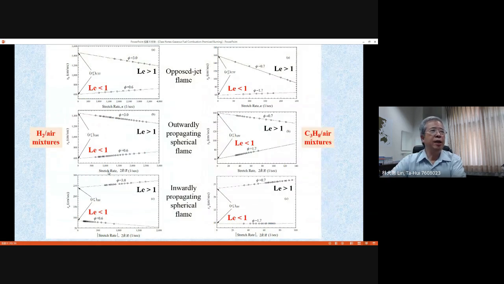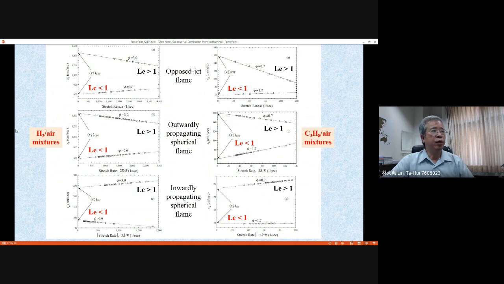For these 3 cases, we can discuss together. On the left-hand side, this is for hydrogen air mixtures. The evaluation for hydrogen air premixture is the same as for the methane air premixture.